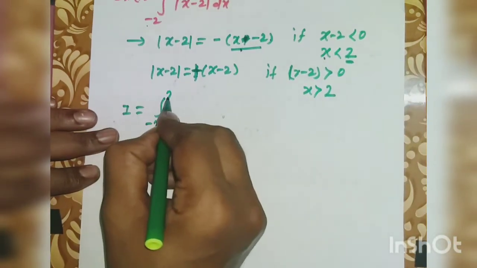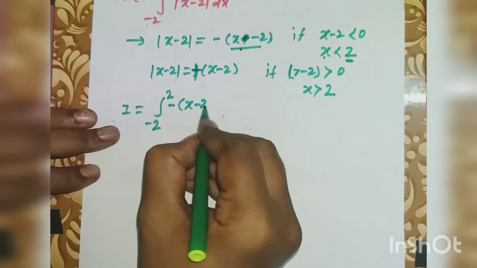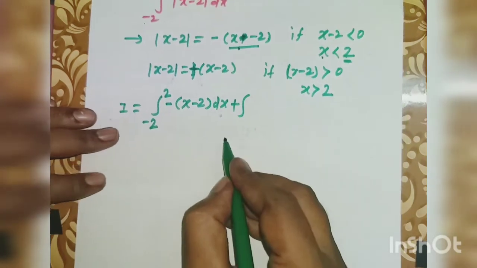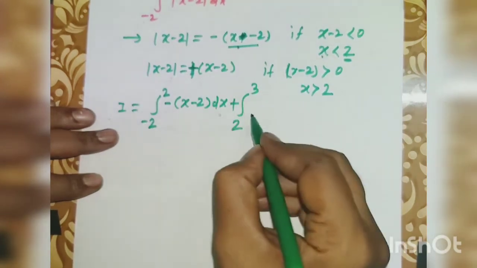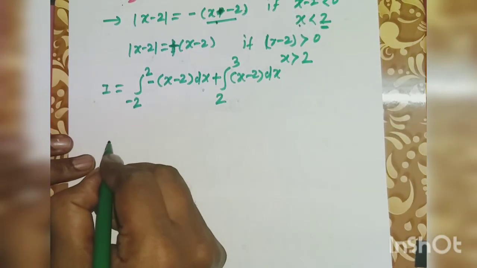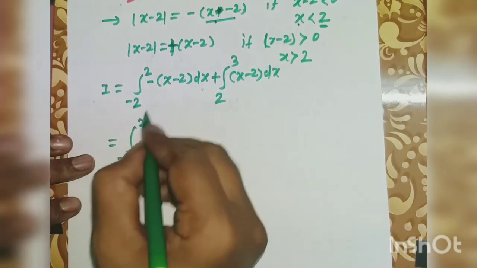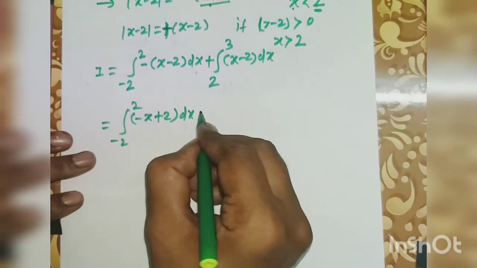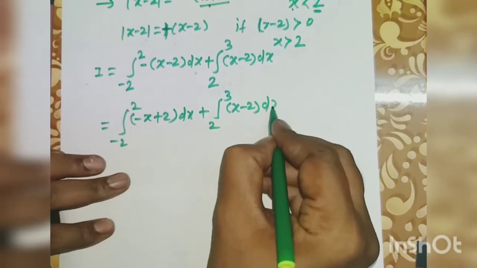Minus 2 to plus 2, its value is minus bracket x minus 2 into dx plus integration from x greater than 2 to 3, its value is positive, that is x minus 2 into dx, which is equal to integration minus 2 to 2, its value is minus x plus 2 dx plus integration of 2 to 3 x minus 2 dx.